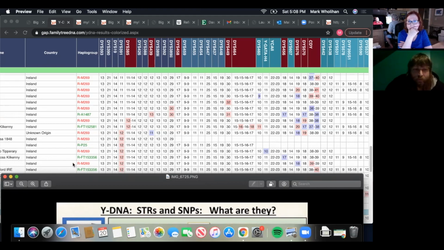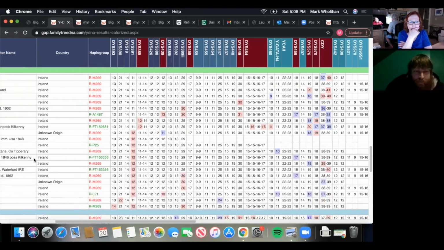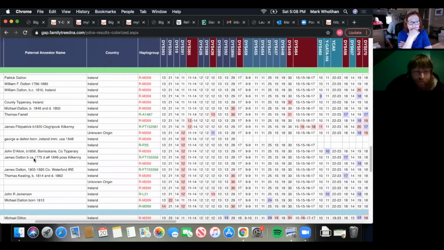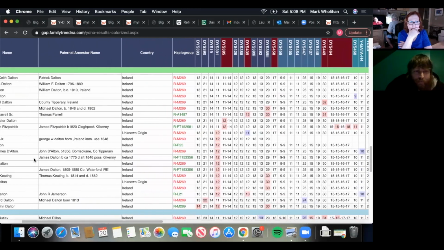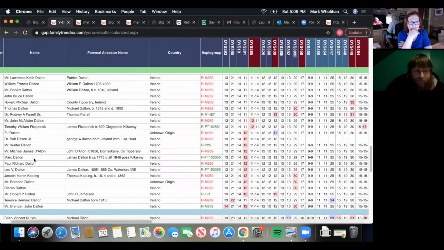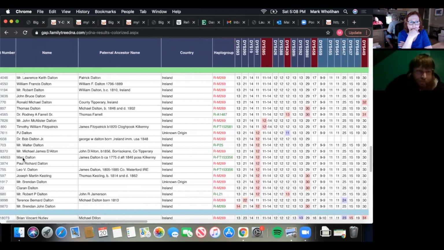So you can see that your dad's closest match is Mark Dalton on his Big Y test results, and he also has the same terminal SNP as your dad.